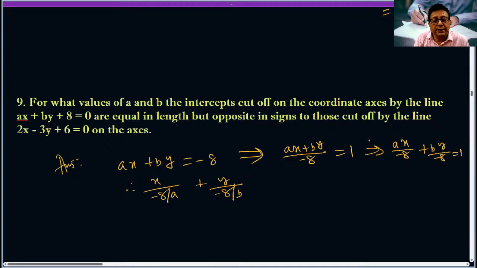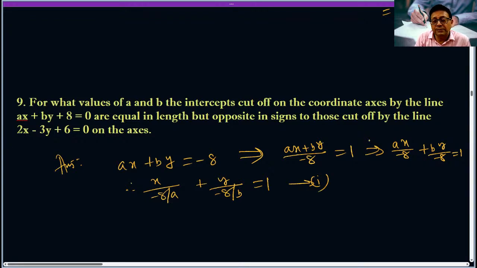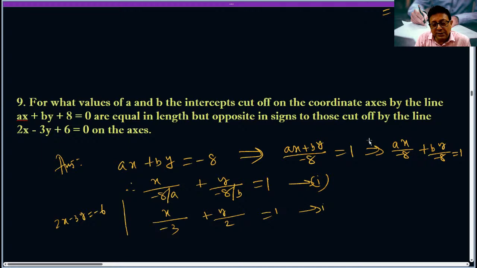Then x by minus 8 by a, plus y by minus 8 by b, equals 1. And for the second line, I am rewriting in the same manner: x by minus 3, plus y by 2, equals 1. You agree?